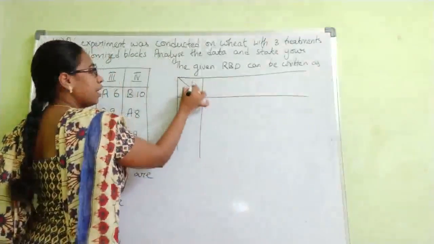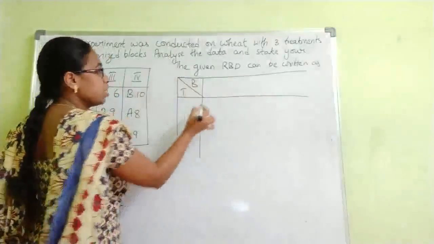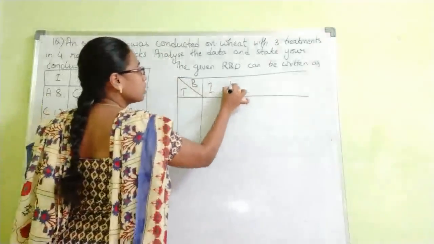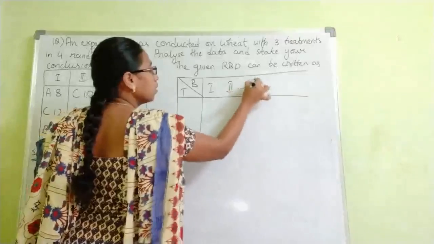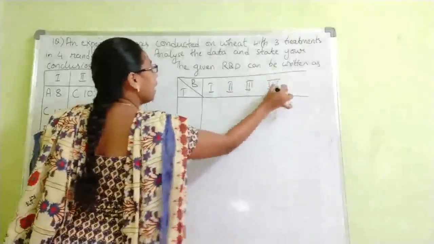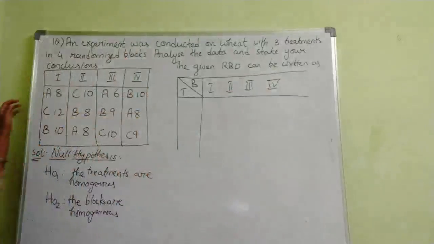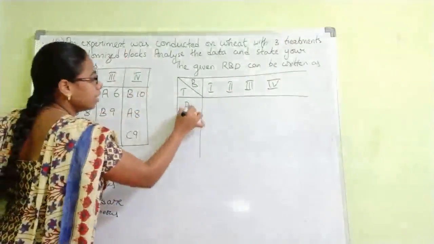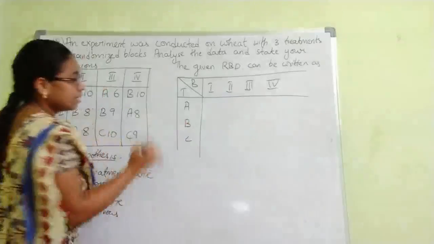So we are going to write blocks and treatments. Blocks are 4 blocks. How many treatments are given? 3 treatments are given, that is A, B and C.